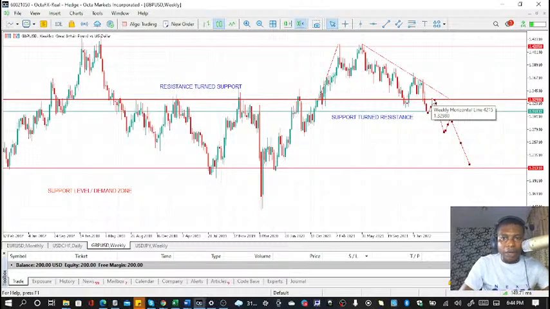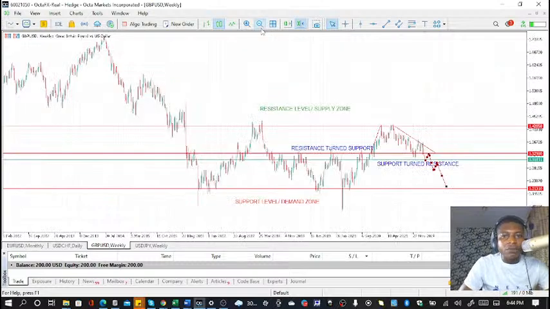So price would go to test this region, and if this region is solid enough, it pushes price down to this level, and there might be a rally upward again before a continuous downtrend. This is from a weekly view.